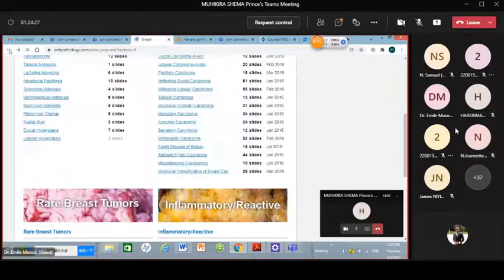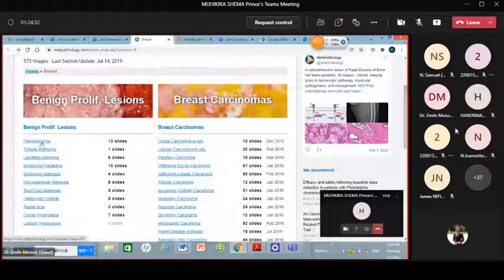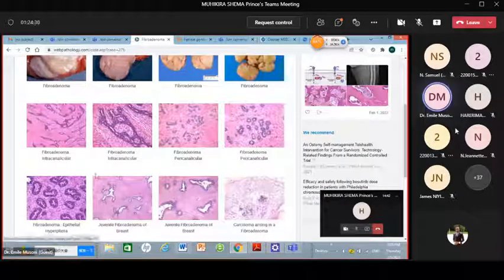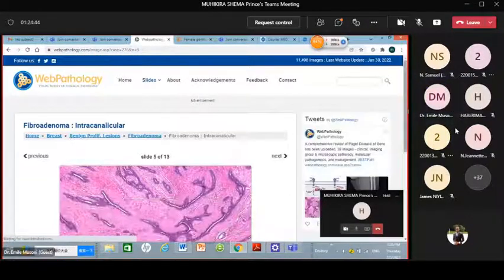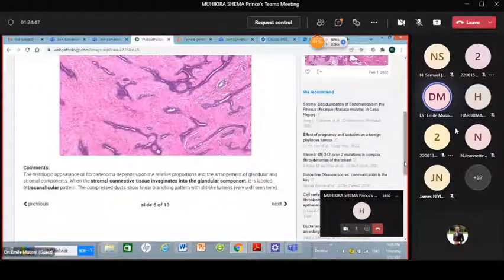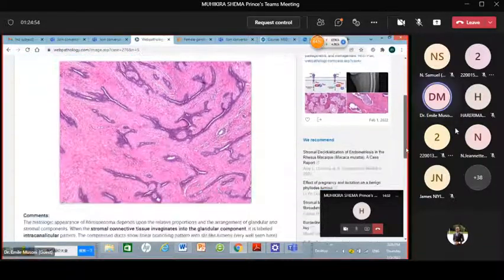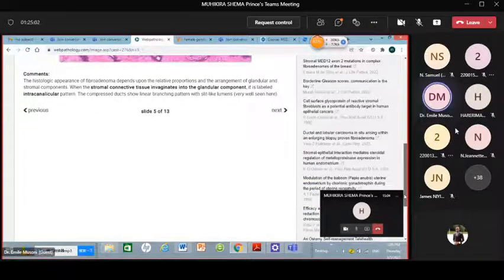I can bring an image like this one, and immediately I ask you what is the diagnosis. So I will add some images on the Moodle, then you have to comment on those images.